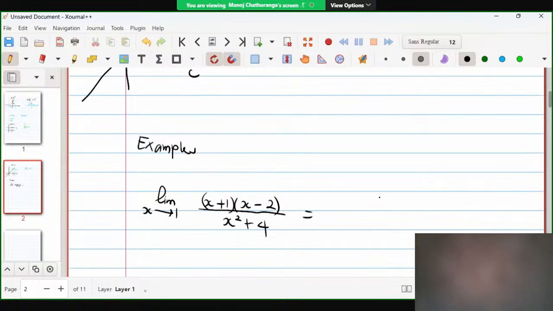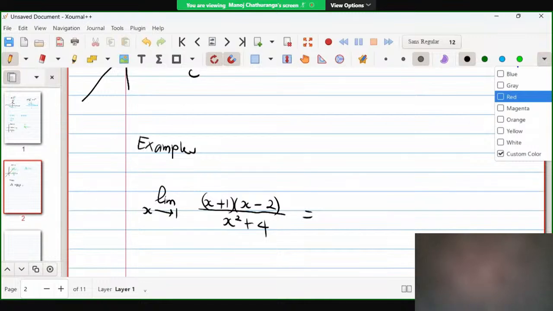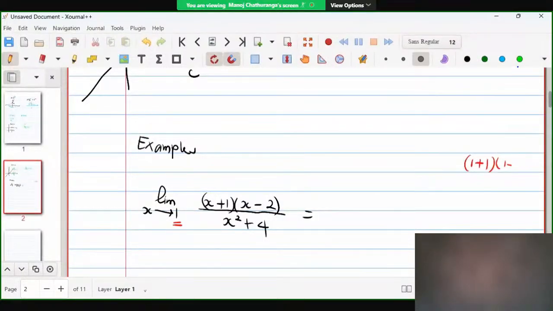Whenever you have to solve a limit problem like this, take a separate paper and substitute 1 into this expression and see what happens.